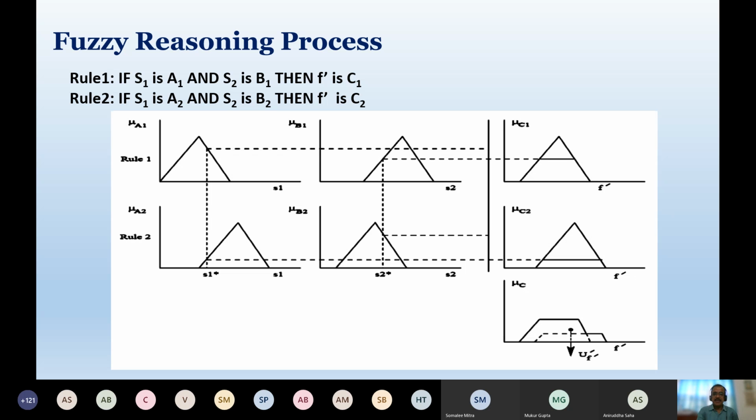Find the minimum, and you consider the minimum because here there is an AND operator. This is nothing but intersection. So out of these two, consider the minimum value for this particular mu, and corresponding to that, this truncated triangle or trapezium will be the output for the first Payet rule. Am I clear?